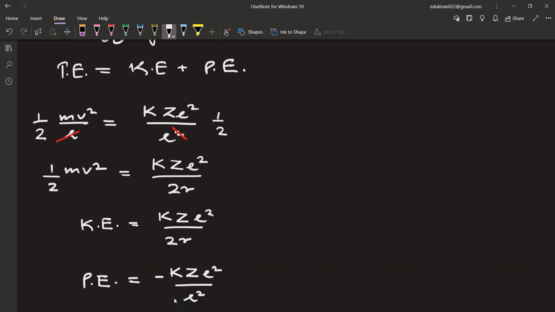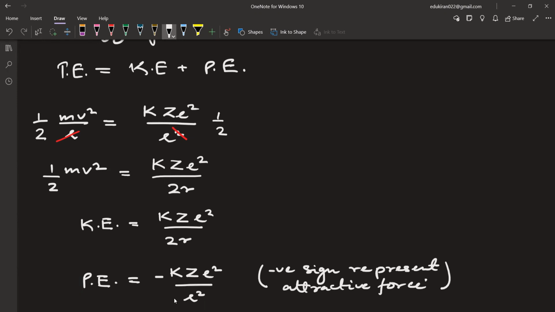Negative sign represents attractive force. Okay, so whenever you have Coulombic force of attraction, तो देखिए, if I will have positive and positive, they will repel, है ना? They will repel, and the charge होगा positive into positive will be also equal to what? Positive, right?